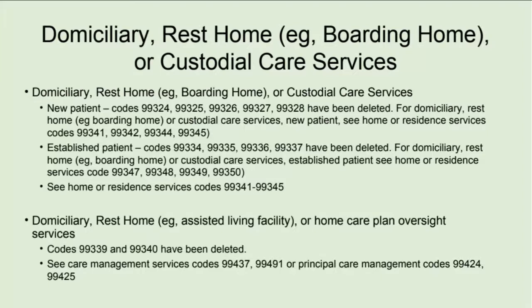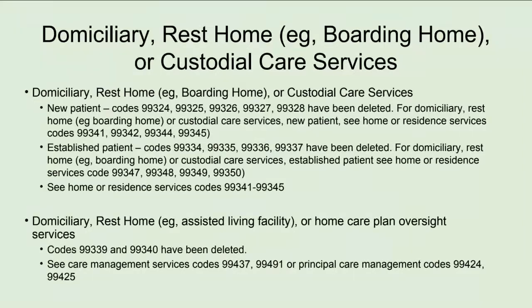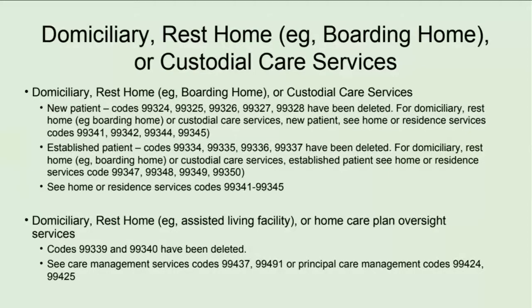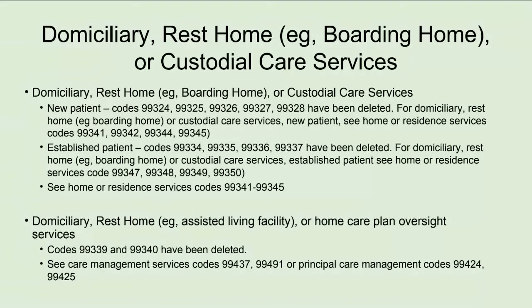Okay, the next thing we'll discuss is domiciliary, rest home, or custodial care services. These codes, 99324 through 99340, have been deleted for 2023. A note refers you to codes in a new section, home or residential services. Okay, so these have all been deleted.